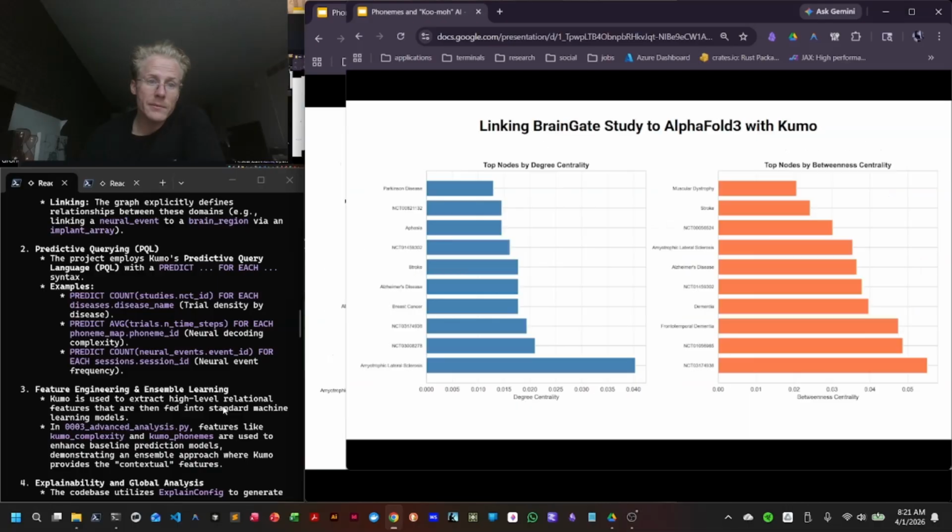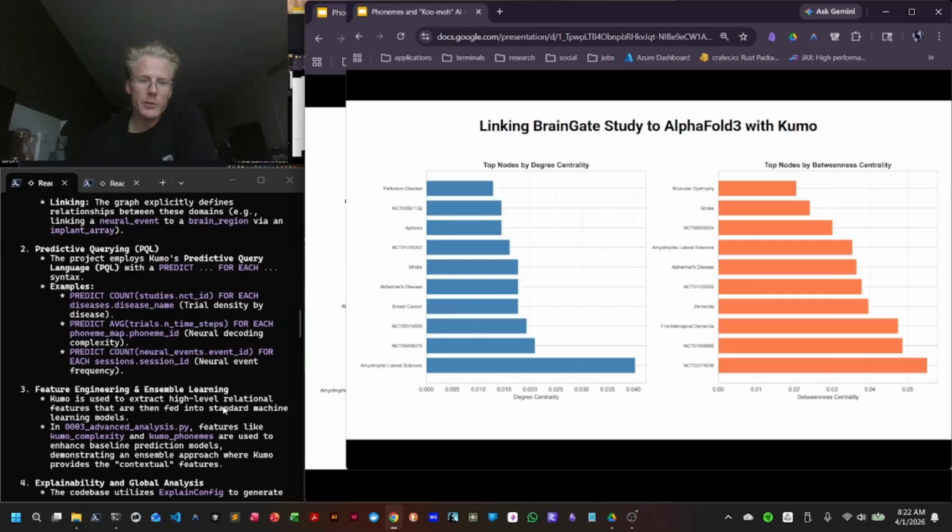And then I really want to link it with the AlphaFold 3 to say which of the nodes for the different diseases are being connected. And in this one, I linked the BrainGate study from clinicaltrials.gov with the proteins from Protein Atlas.